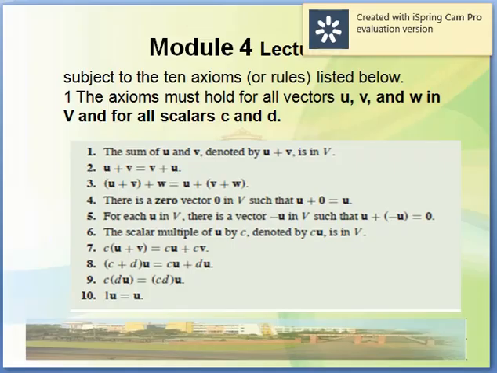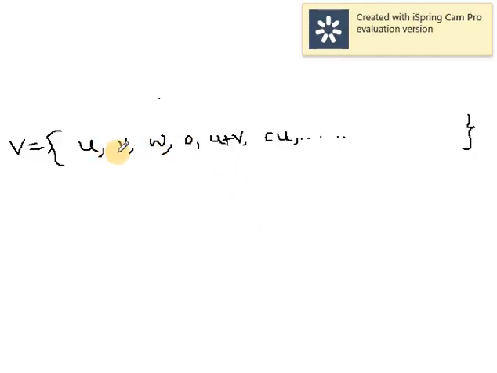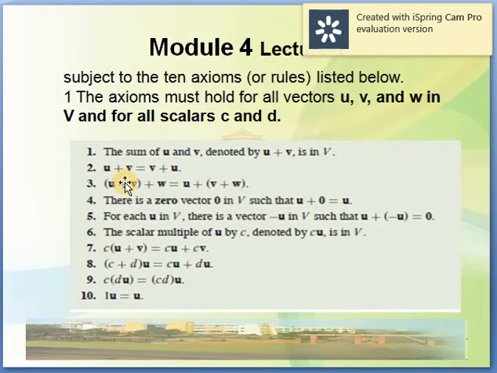Let's have a glance at these properties. The axioms it has to satisfy: if u and v belong to the set V, then u plus v should also belong to V. Then u plus v should be equal to v plus u, as is true with real numbers.